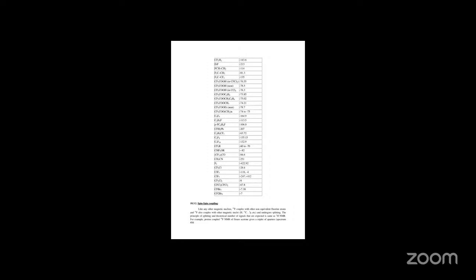For example, the proton coupled F19 spectrum of fluoroacetone gives a triplet of quartets, since it couples with the directly attached CH2.